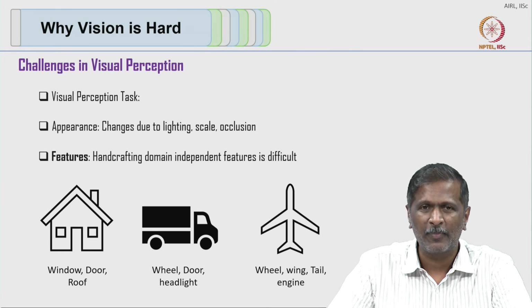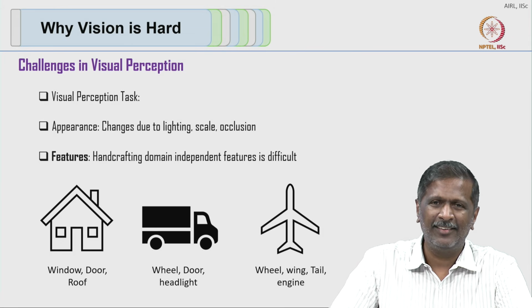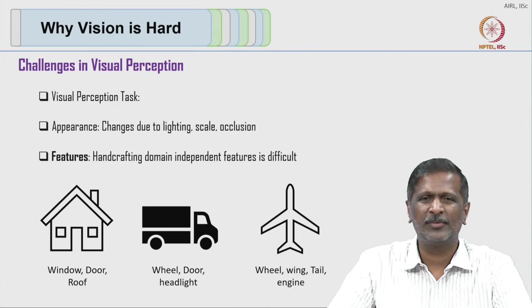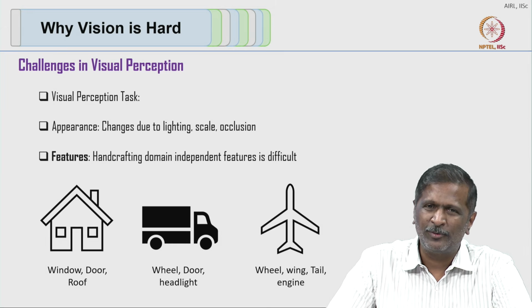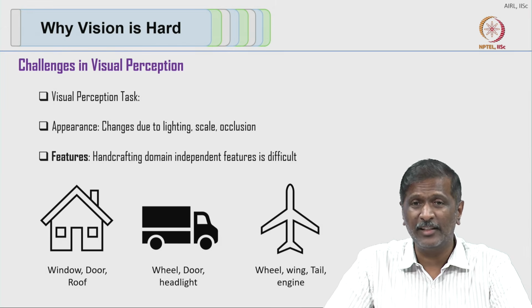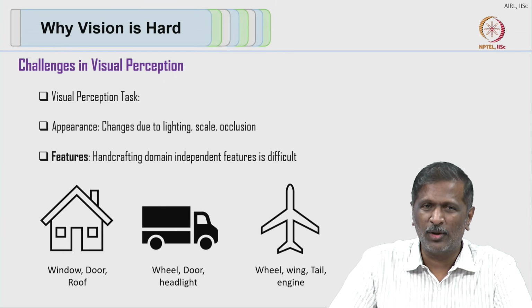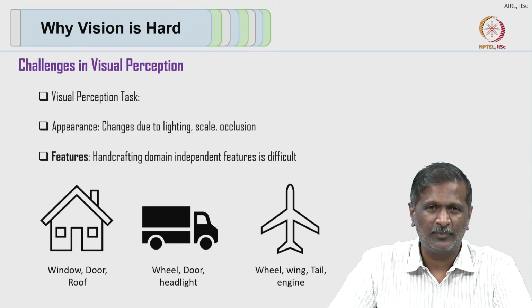If I say a car, it should have wheels. Two doors means it's a van, four doors means a car, two doors with multiple windows means it's a bus. You can differentiate like that. So doors, windows, and wheels are very important.